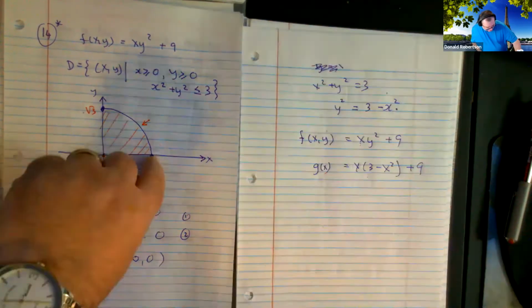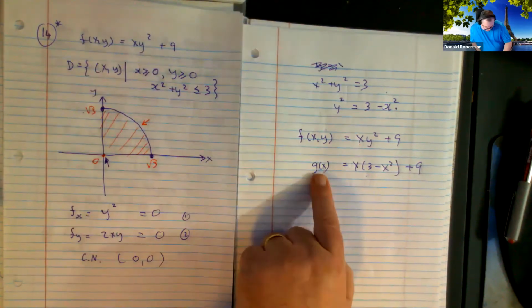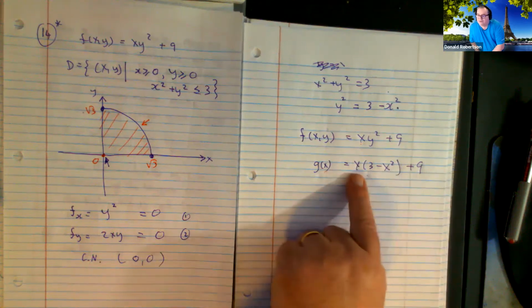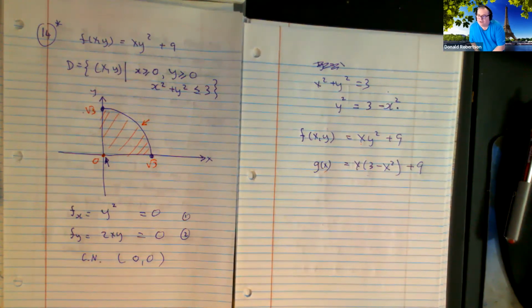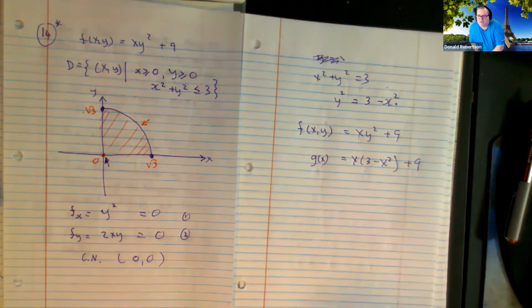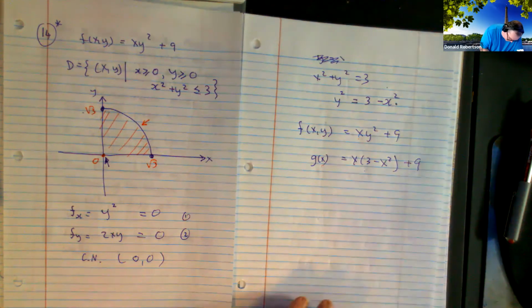So all the points in that curve have the function that they're equal to this. See, a little bit sneaky? Basically, you take one of the variables out of the board. Now, could I have called that y equals the square root of 3 minus x squared? Sure, but wouldn't you still end up with that? If I'd gone the other road, would you agree it would be a much uglier looking function if I did it in terms of y? And that's kind of why I chose it. Now, I'm going to do a little bit of math on this.